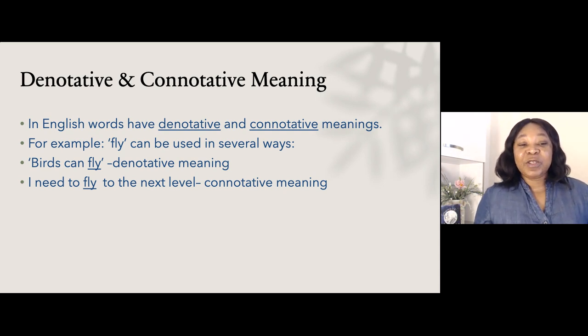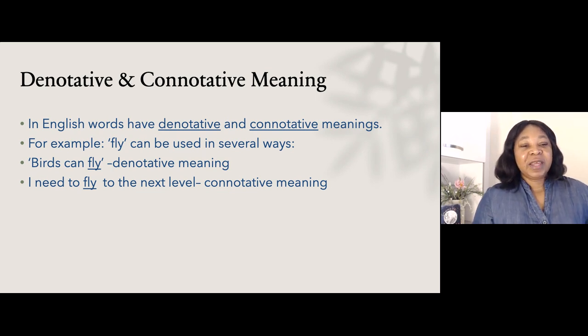Correct, but fly can also mean to attain another level. I need to fly to the next level. So you have denotative meanings and you have connotative meanings, making you aware of the language that you use to teach. Be precise, be clear.